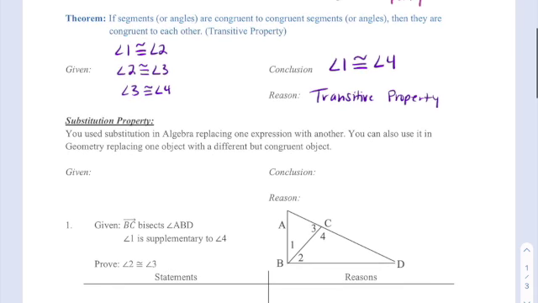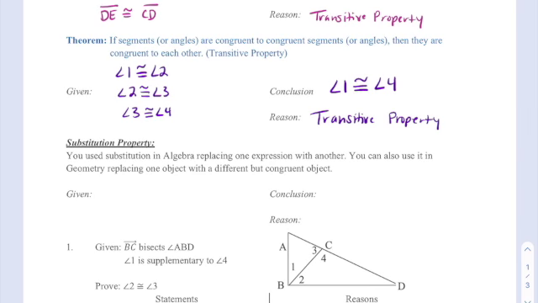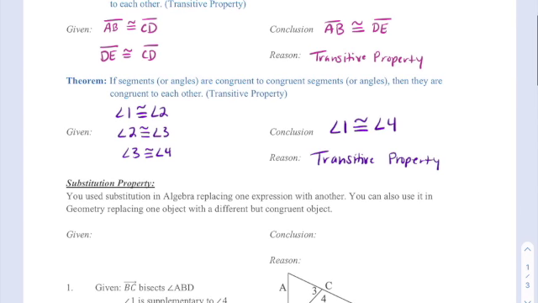As we see this, from 1 to 2, 2 to 3, and 3 to 4, that gives us a connection all the way back between angle 1 and angle 4. You want to think about the transitive property as when you have multiple chains of congruent angles or segments, and there are angles or segments that show up in each of those chains. So you can form a connection between them to then connect the beginning and the end angles or segments are congruent.